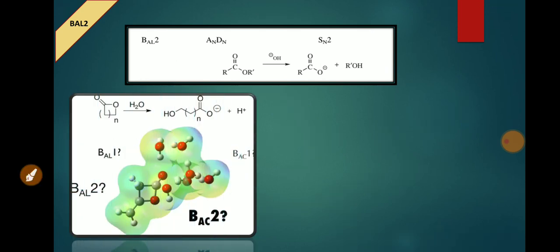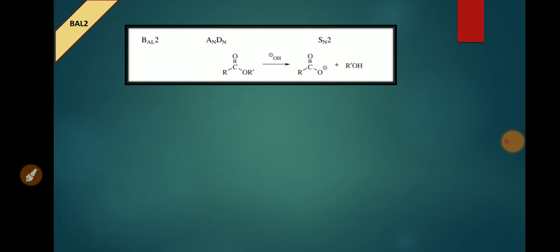This type of mechanism is also very rare because it requires hydroxide ion to attack on an alkyl carbon, because it is a SN2 type of mechanism on the acyl carbon. Now, it has been observed in the hydrolysis of beta lactones.